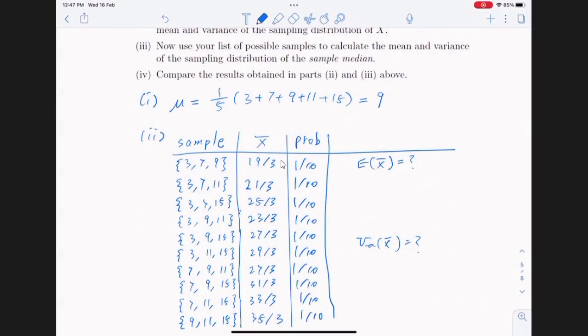So this will become a typical calculation of the expectation and variance when you are given a random variable with the possible values and the corresponding probabilities.